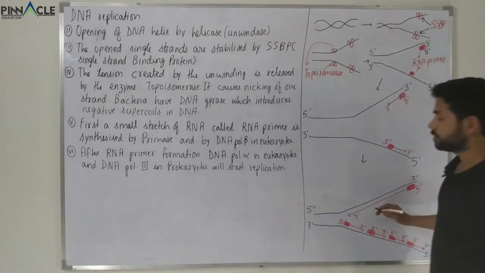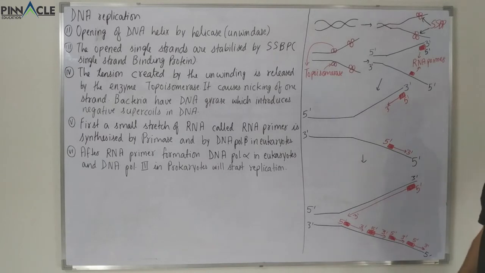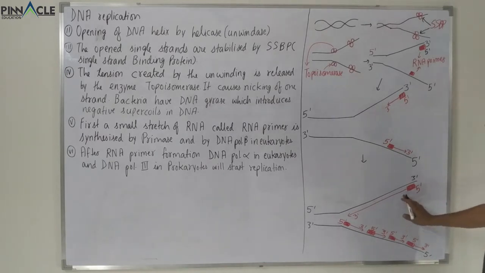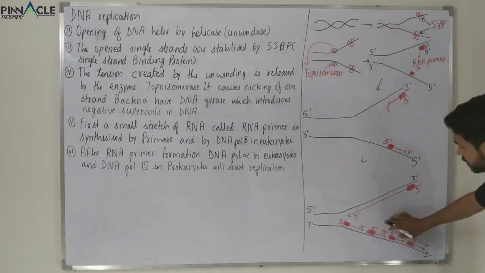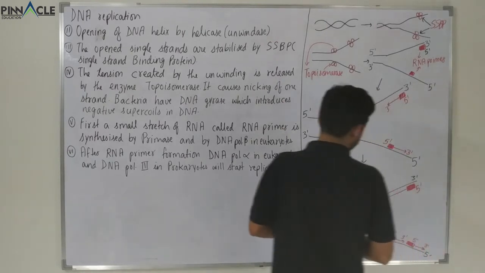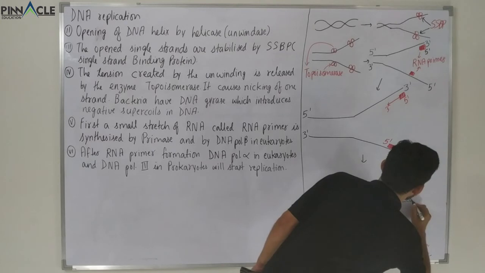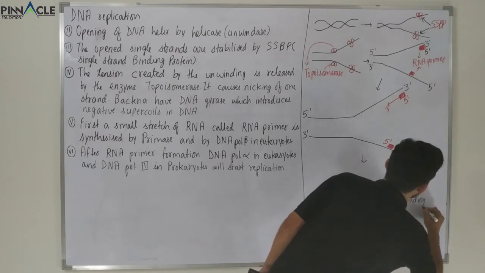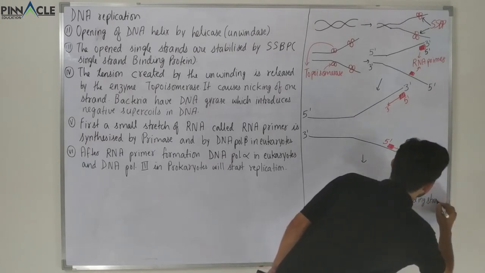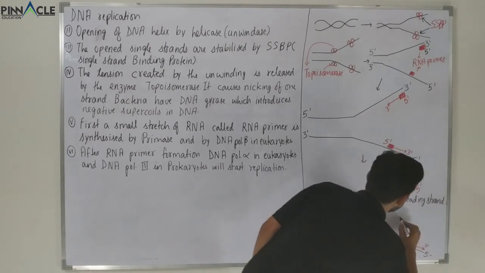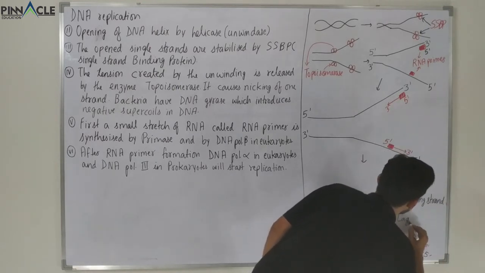The black strand is the old strand and the red strand is the new strand. So here what was happening is that this is the leading strand and this is the lagging strand. And these are the lagging strand.